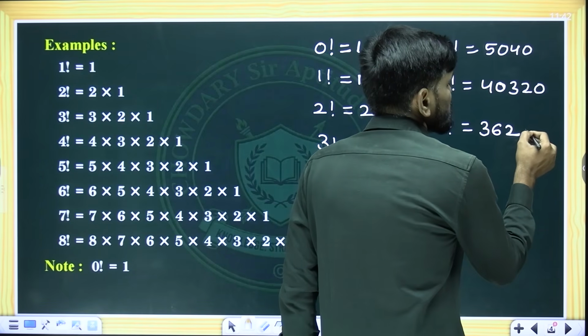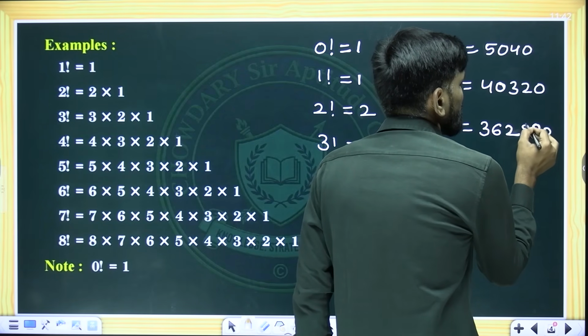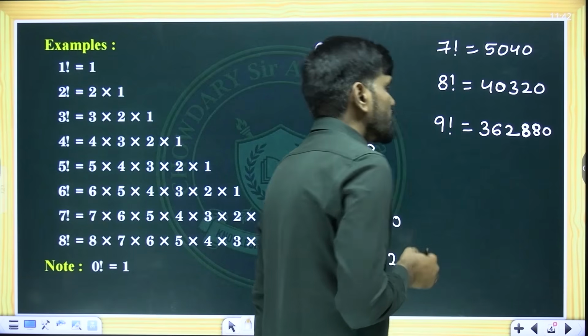So that's why it is 3,62,880. But it is strongly recommended to learn by heart up to 8 factorial.